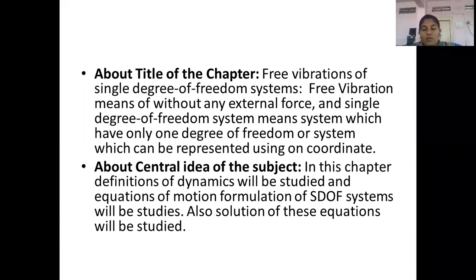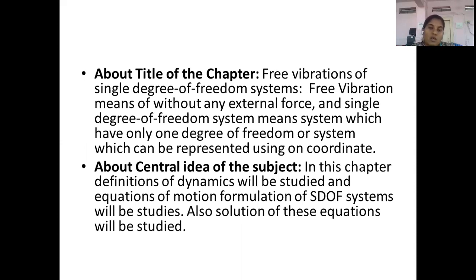The single degree of freedom system is nothing but the system which can be represented using only one coordinate. If there is an MDOF system, then that system will be represented with multiple coordinates.